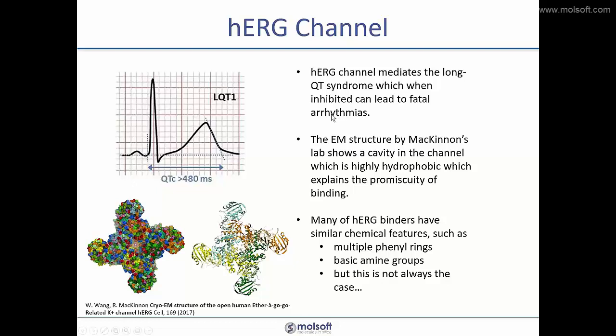But arrhythmias can also be induced by blocking hERG, and a surprisingly diverse group of drugs can actually bind to hERG. This is one of the most common reasons for drug failure. So it's a good idea to keep an eye on the hERG activity or prediction model as you're designing or screening for new drugs. There is an EM structure map of hERG, which I'll show in a minute.